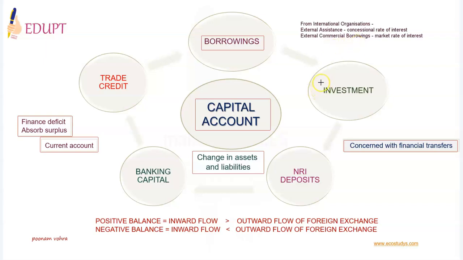Second component is investment, that is expenditure on ownership of assets abroad. It is classified as foreign direct investment, that is ownership of enterprises by non-residents in the domestic economy, and foreign institutional investment, that is investment by non-residents in shares and bonds of domestic companies.